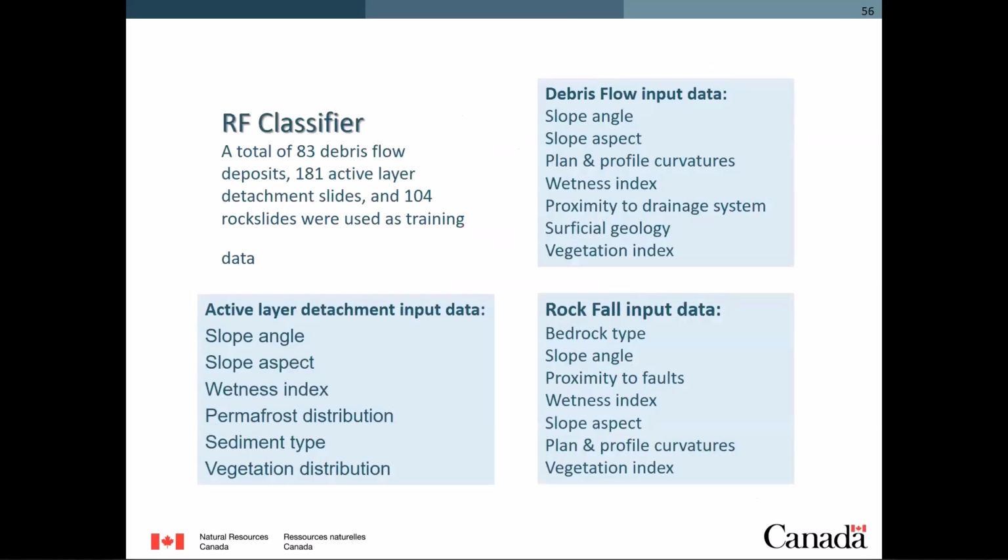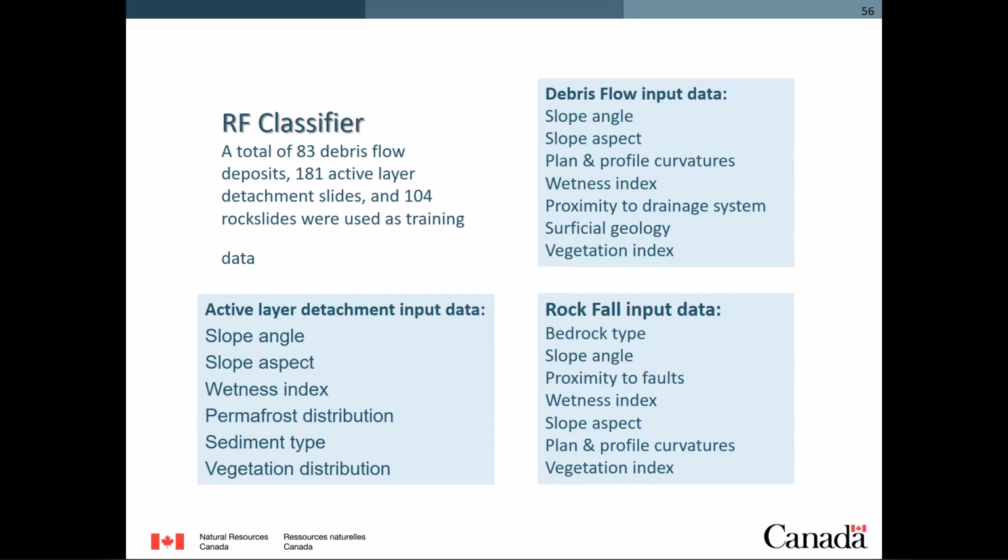So this lists the classifiers that they used: 83 debris flows, 181 active layer detachment slides, and 104 rock slides. This is the evidence maps, or the vectors towards landslides for each model. And they were calculated mostly from a DEM, in this particular type, a geology map, and vegetation distribution looking at Landsat.